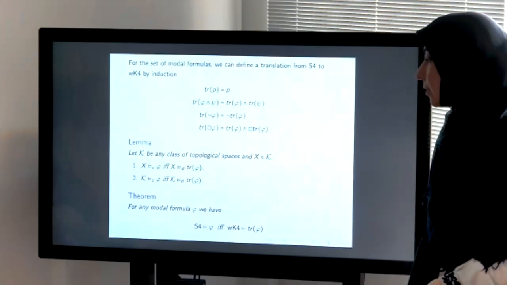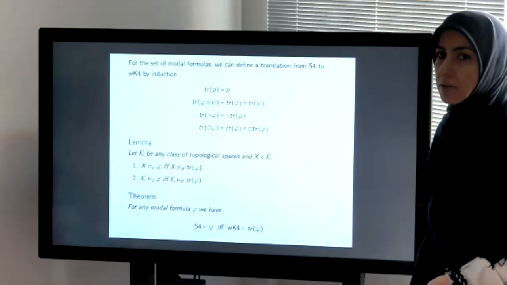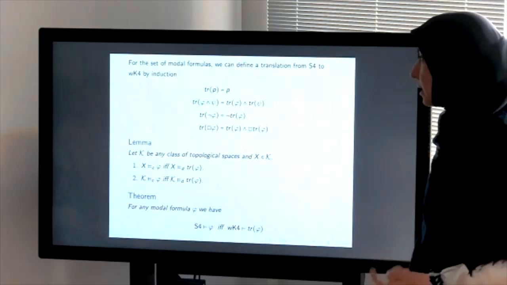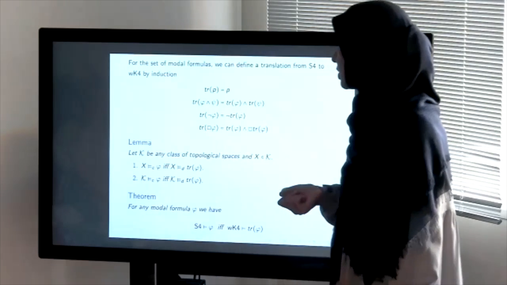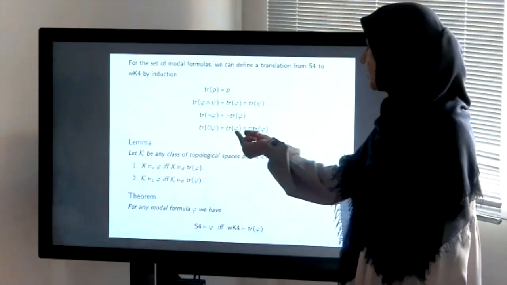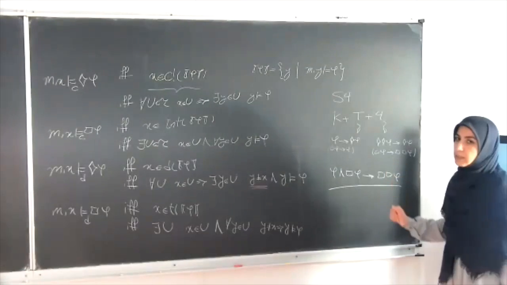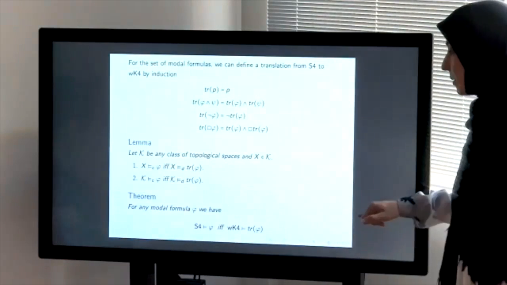And we can prove that phi is a theorem of S4 if and only if its translation is a theorem of WK4. In this translation, in the box version, for example, we have to add phi and box of phi, because it's clear from the difference between these two axioms that we have defined our translation in this way.